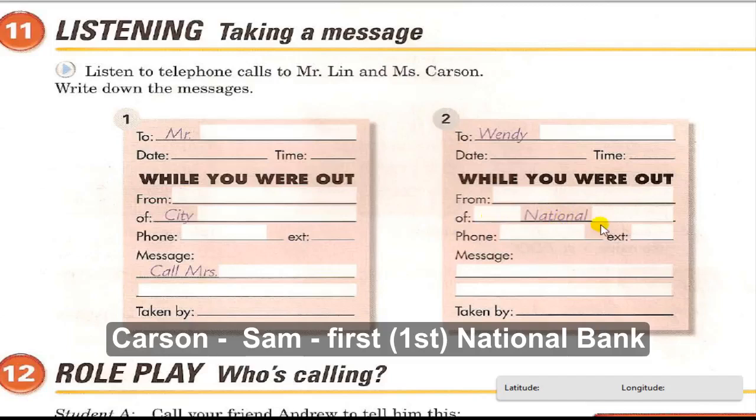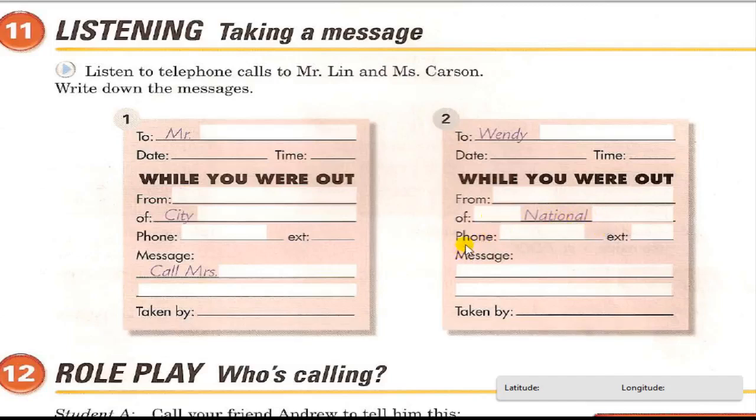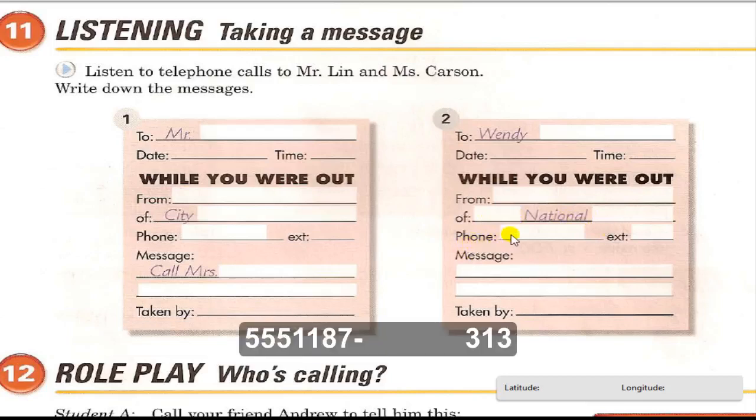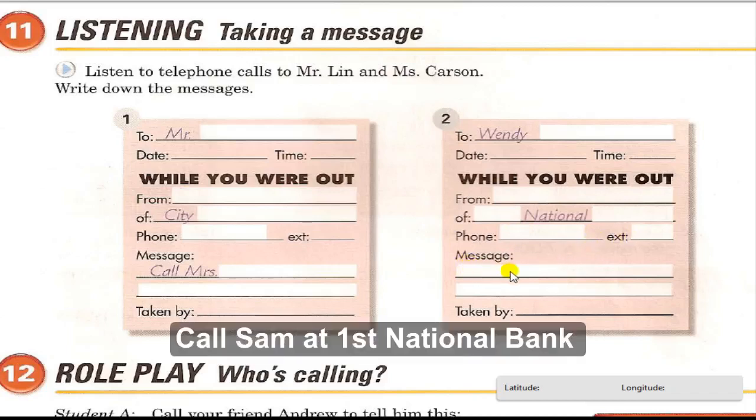First National Bank. Phone 555-1187. Extension 313. Message: call Sam at First National Bank.